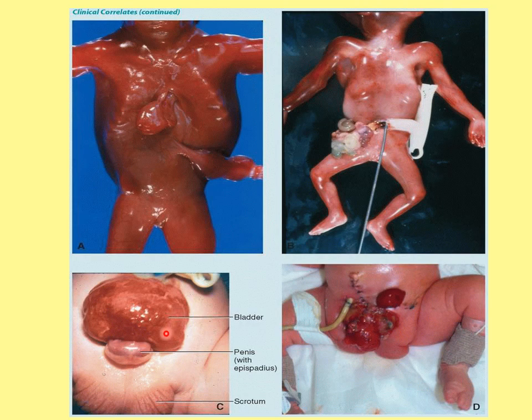Bladder exstrophy is also associated in males with epispadias, in which there is an opening at the dorsum of the penis. So the urethral opening has a split here, and that is commonly present on the dorsal side. In urogenital defects, during the development of the urogenital structures, you will study the complete detail of epispadias. So bladder exstrophy is associated.